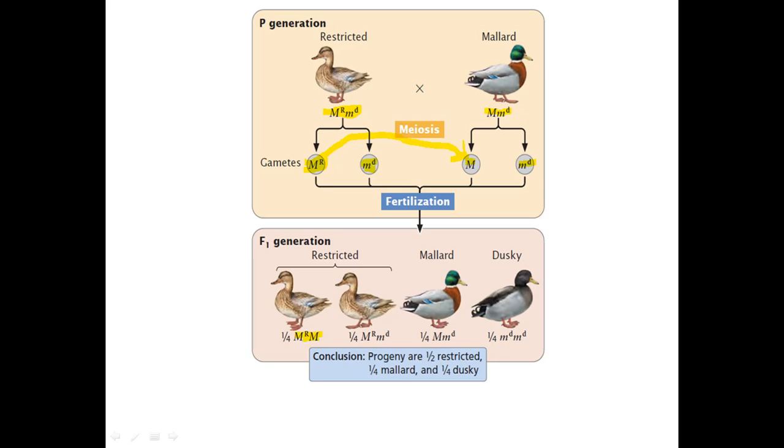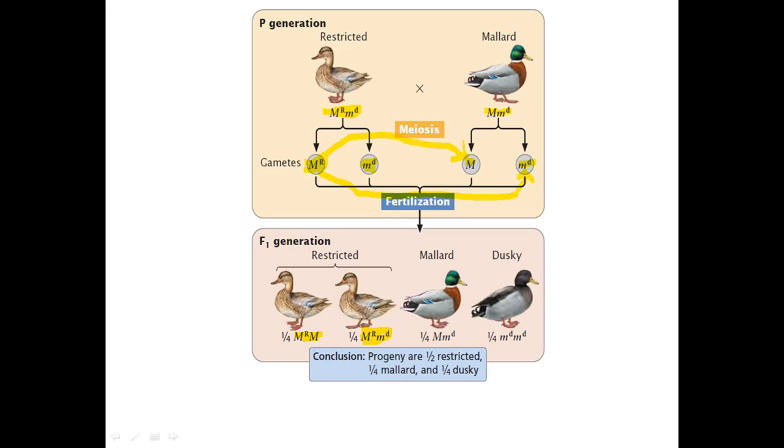Because M R is dominant over all, it will be a restricted feathered duck, and the same M R may also fuse with small m D. So these two genotypes will have the restricted feathered phenotype.